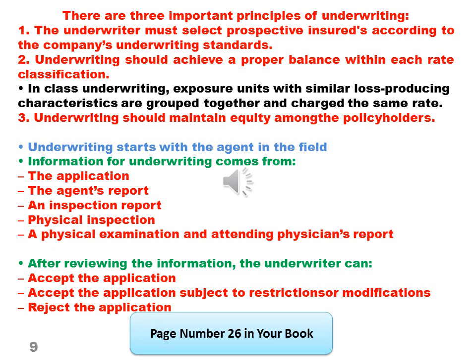Information collected for underwriting comes from the application, the agent's report, the inspection report, a physical inspection, a physical examination, and the attending physician's report.